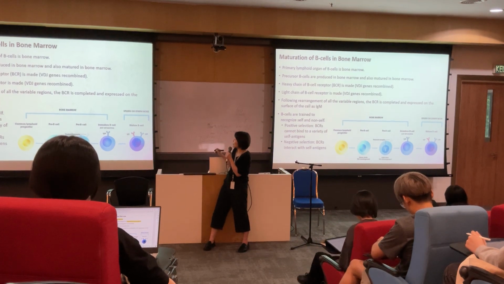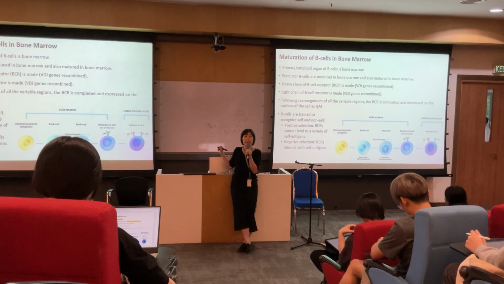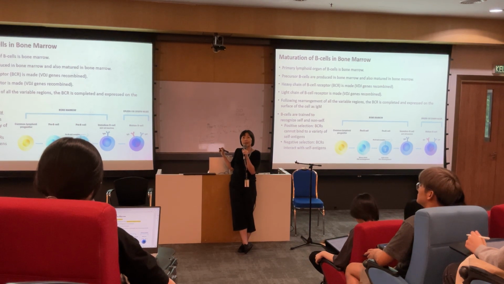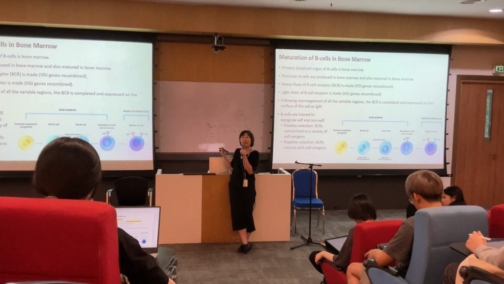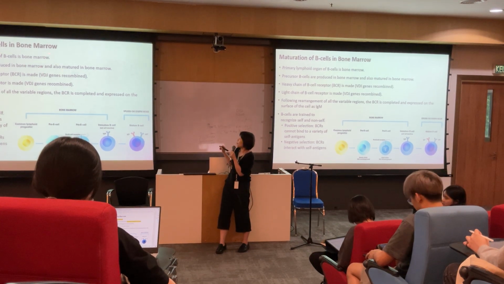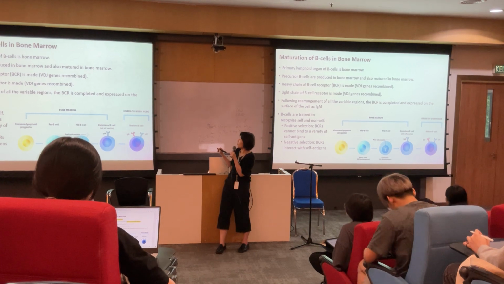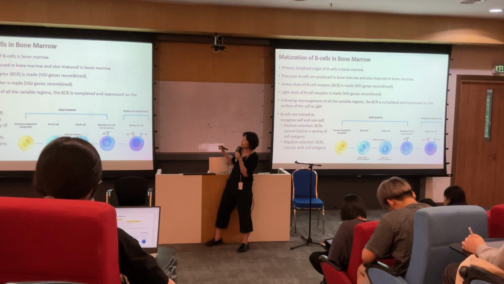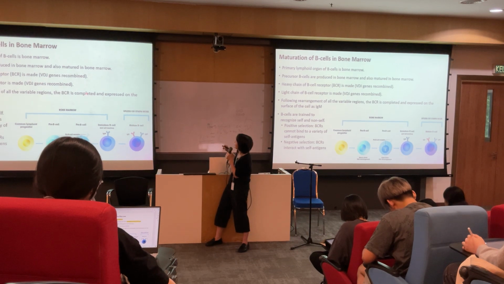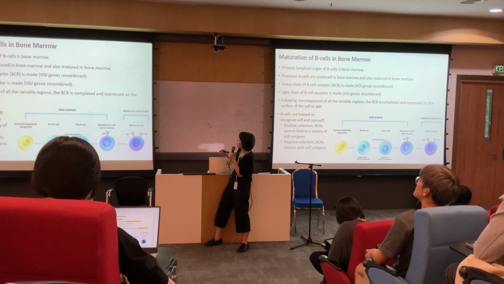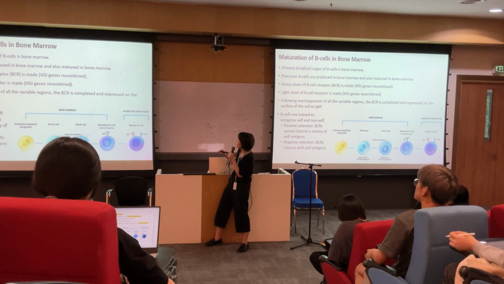B cell maturation. B cells actually proliferate in the bone marrow as precursor cells, and then they can become mature in the bone marrow as well. So the primary lymphoid organ of B cells is in the bone marrow, not in the thymus. So it's much simpler because, similar to T cells, they have this progenitor, meaning precursor cells.